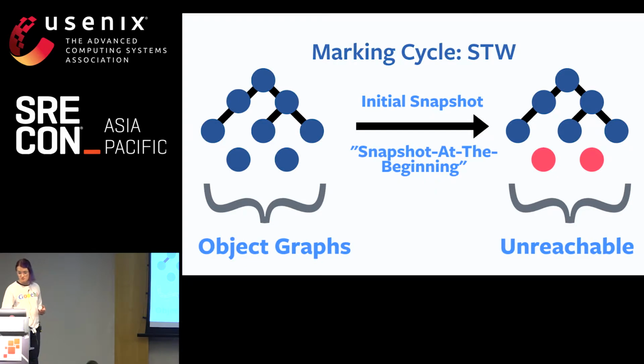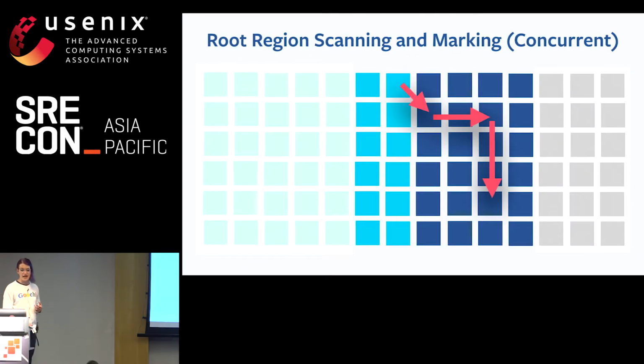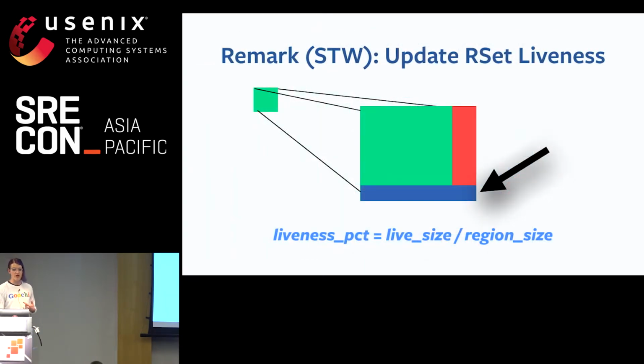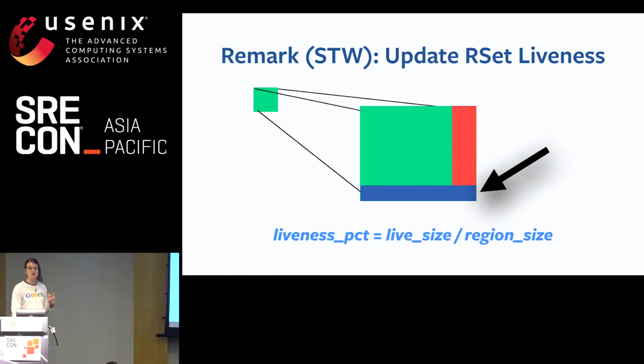Then we resume and move into root region scanning and marking, which is concurrent. What this allows us to do is track objects and the references to one another across different regions, and then we'll halt again, stopping the world, and finish up our marking work. And it's here in remark where we update the remembered set liveness. And it's important that this is kept up to date because it can become stale.